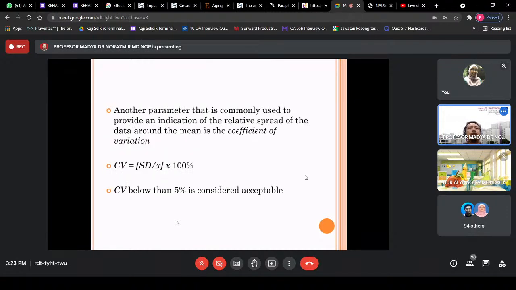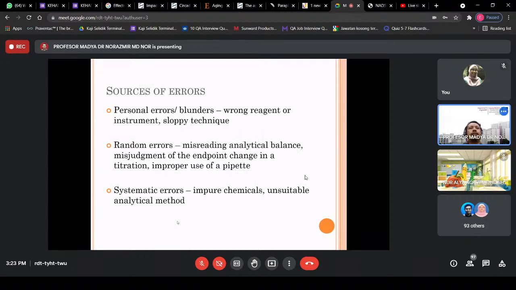Okay. Then we have another parameter that we call coefficient of variation. So the difference between each group can be considered acceptable if it's below 5%. Okay, the CV, coefficient of variation. CV below 5% is considered acceptable.